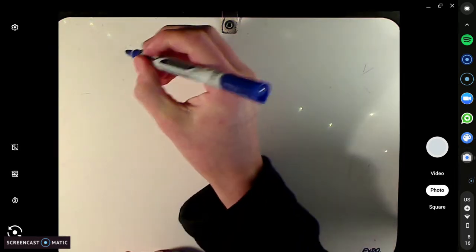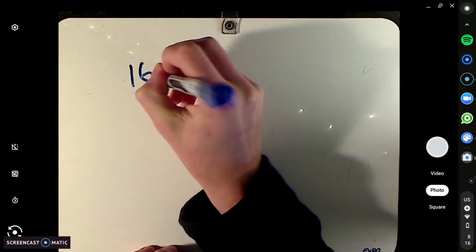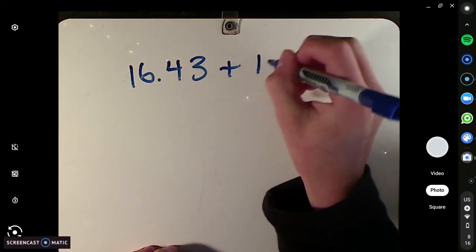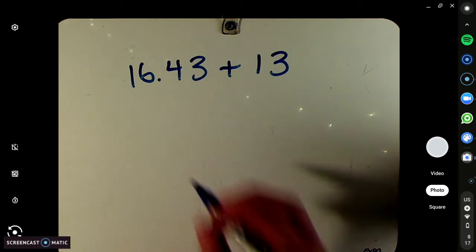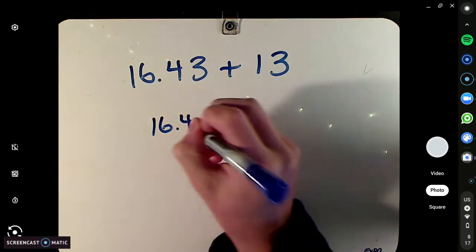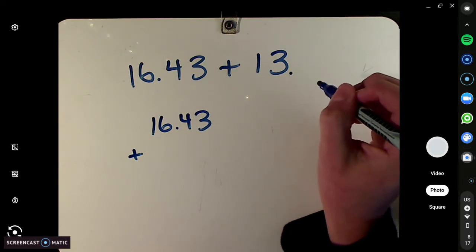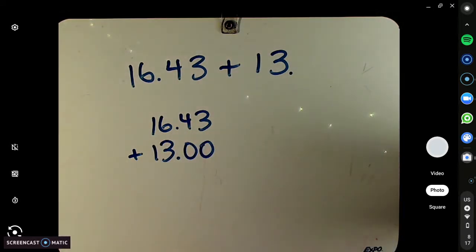addition problem here. This one is on your capture sheet. Okay. Again, we need to have the same number of decimal places. 16.43 plus, the decimal point technically is there, and there's nothing after it, so 13.00.